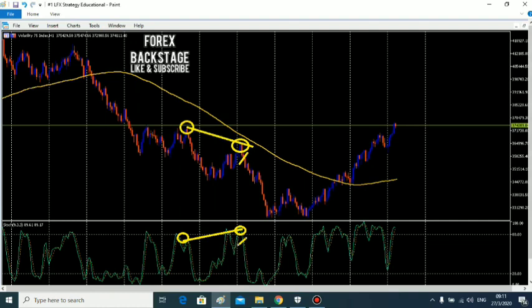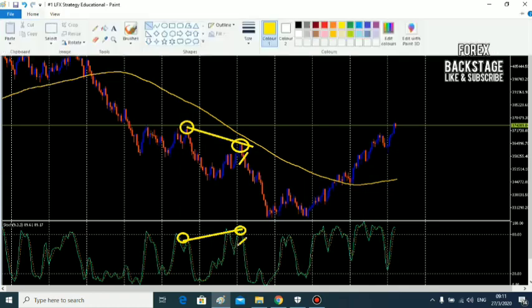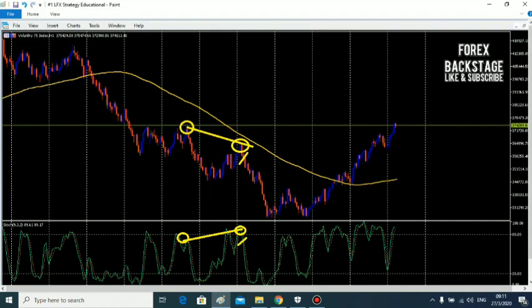without hesitation, you have to buy. But in this scenario, you have to sell. Let's look, for example, at this chart. You've got this one and you have this one.